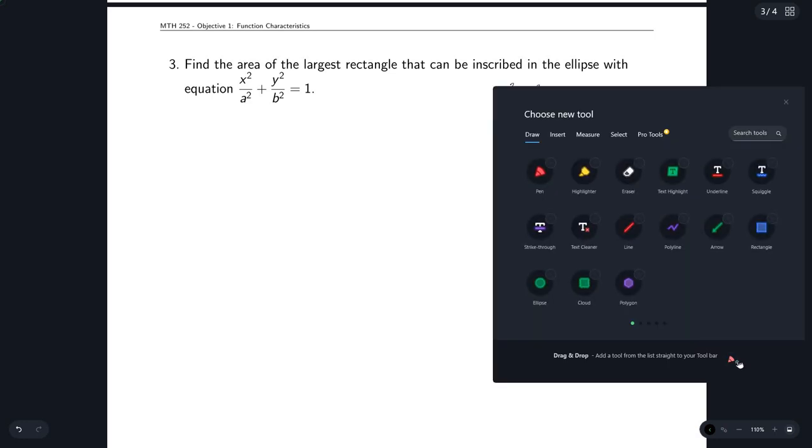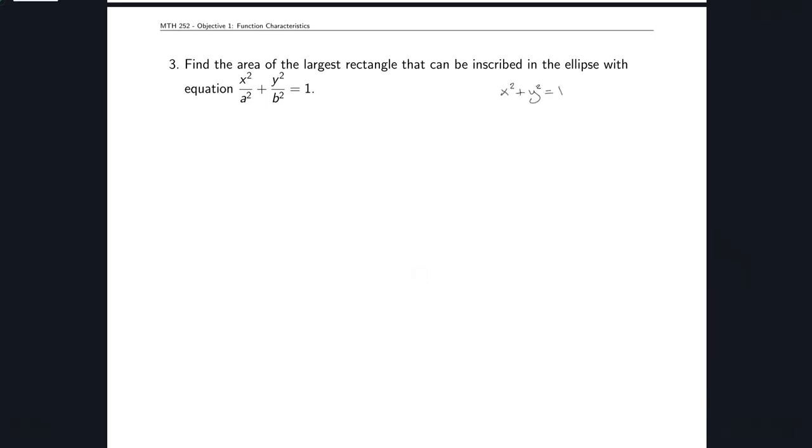So if I have just x squared plus y squared equals 1, this is our standard Pythagorean theorem. Okay, so I've got my ellipse tool sorted out here. Let's make that look a little bit nicer.